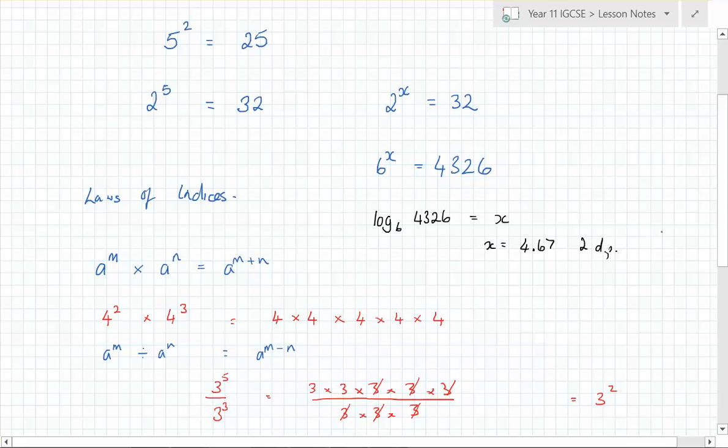Alright? So, based on the fact that that's quite simple for you, for exercise 31A, you're going to do questions 1, 2, 3, but only the bottom line.